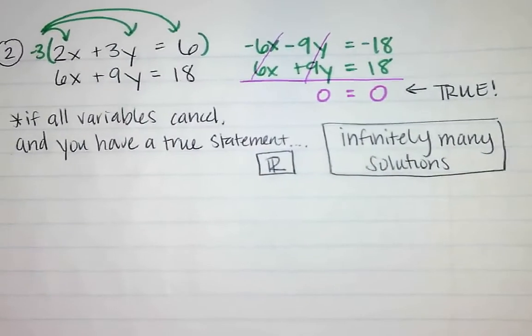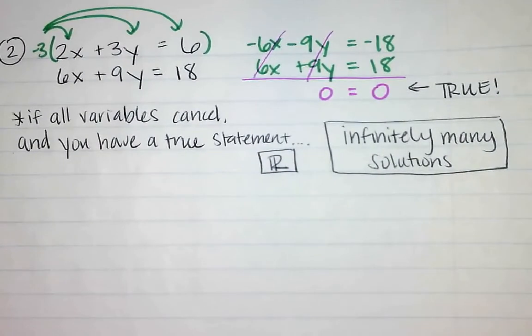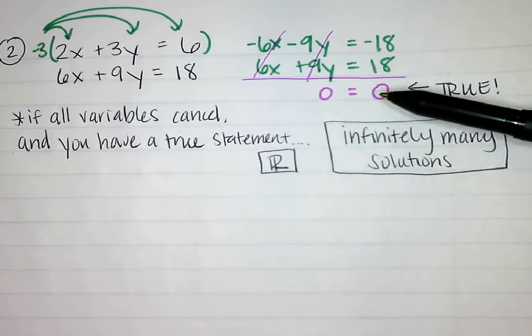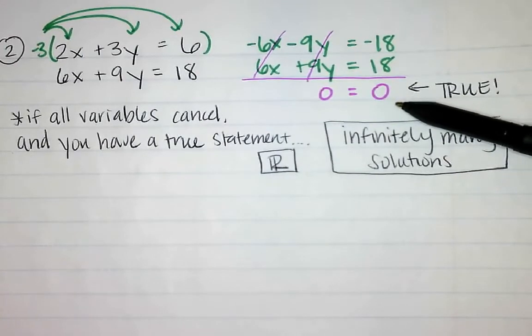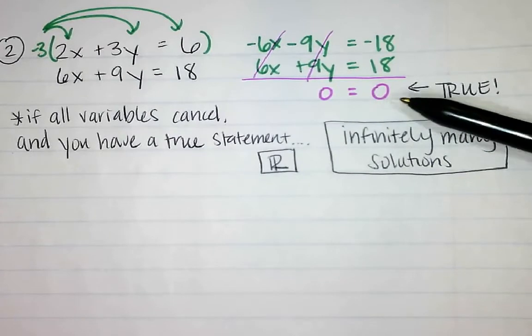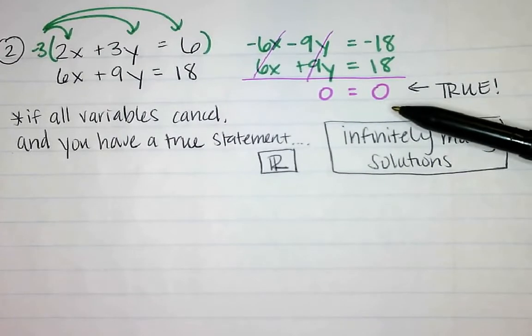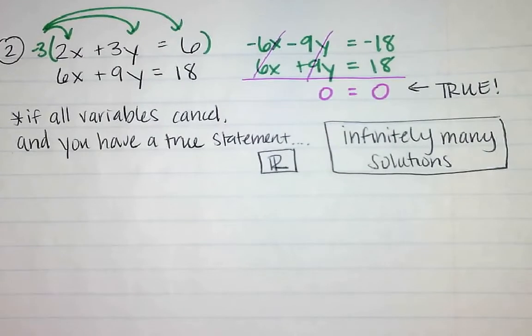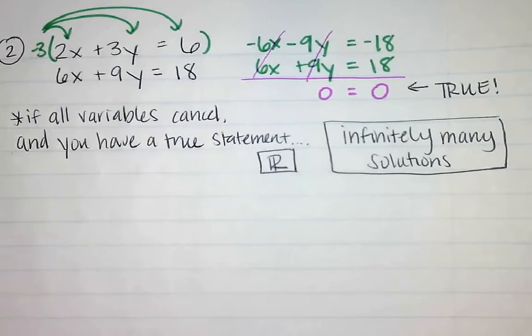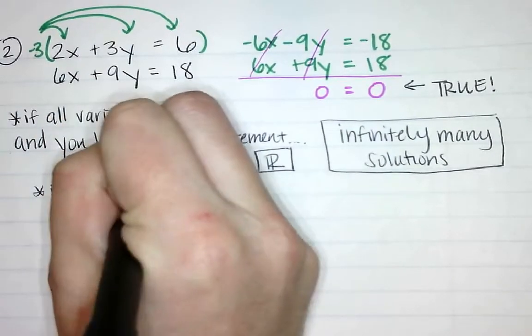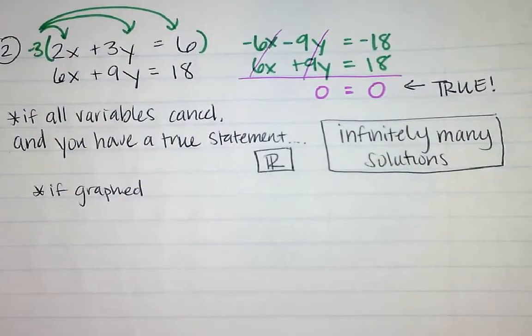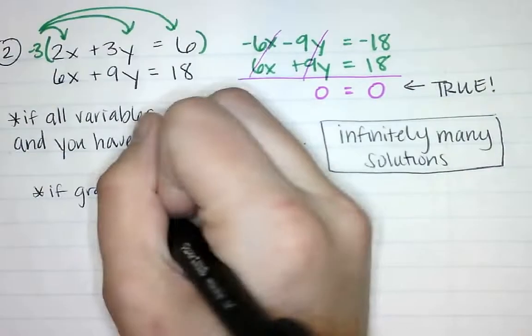All right, guys? Now, question for you guys. This is what an infinitely many solutions problem looks like if you solve it algebraically. You end up with a true statement. What does infinitely many solutions look like when you graph it? So if I graphed both of these lines, what would they look like? Yes, they would be the exact same line.